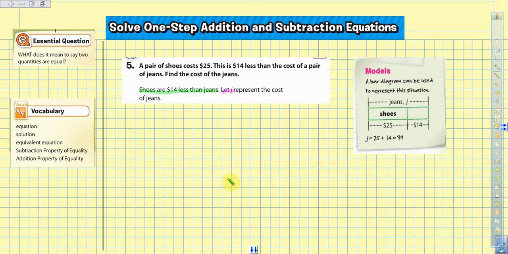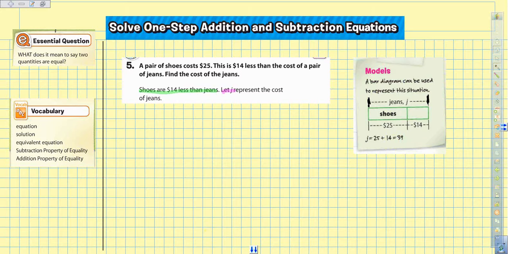Let J represent the cost of the jeans. So you can see, when we talk about variables, jeans starts with a J, so they just go with J. You could choose X if you want to. That's perfectly fine. Okay, so when we look at our models over here, we see that the jeans is this full piece right here, from here to here.